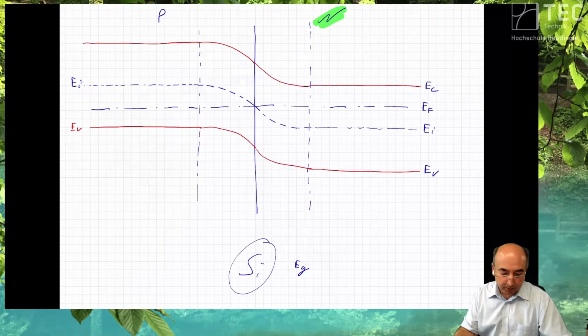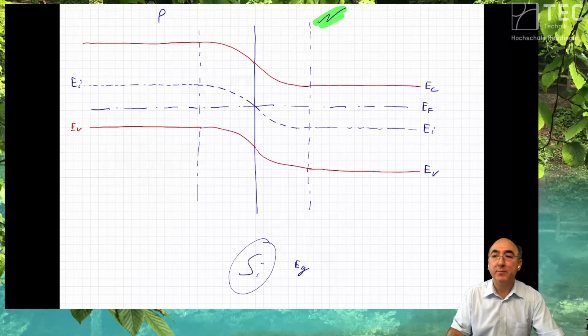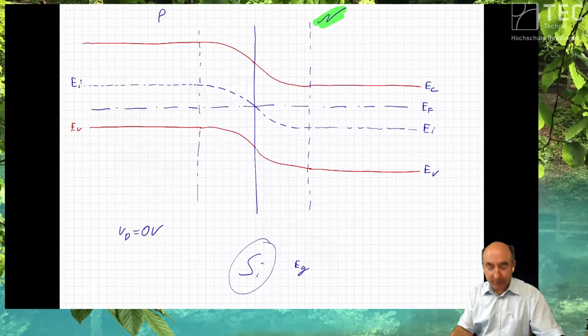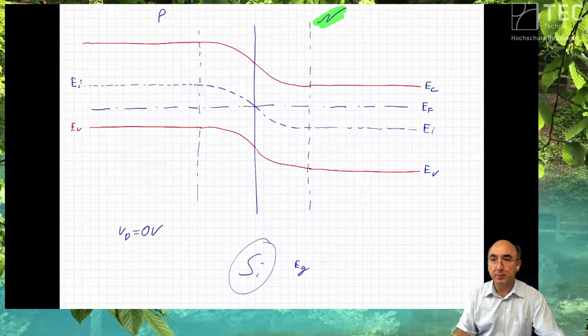Okay, so now we have the band diagram of a symmetrically doped, equally doped PN junction with no applied voltage. If you apply a voltage, you change something, but this will come later.